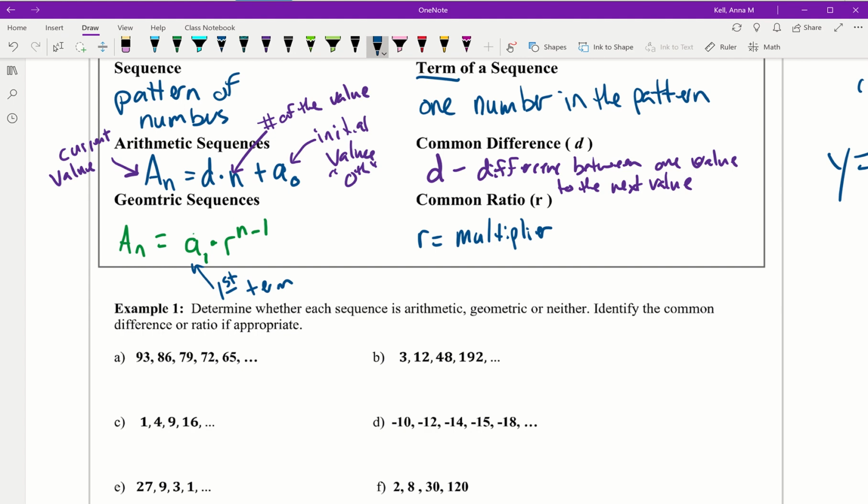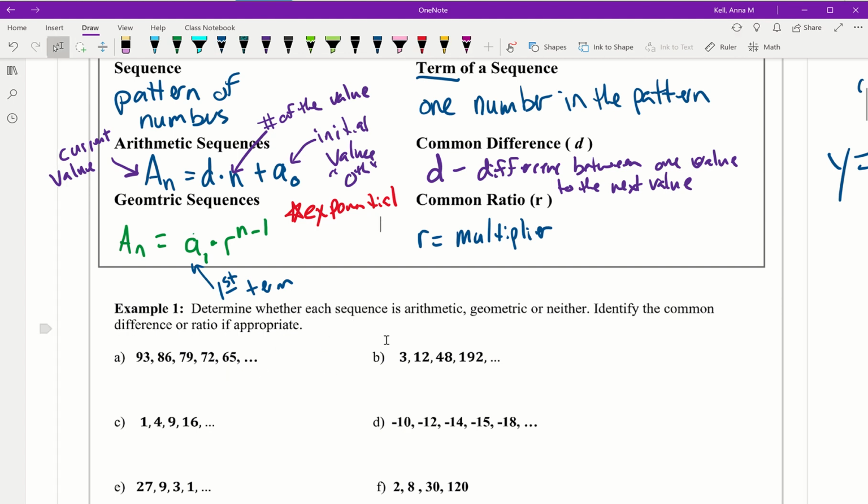So it is the ratio from one entry to the next, okay? While the arithmetic sequence is in a linear form, the geometric sequence is in an exponential form. We also have done a lot with exponential equations, okay?